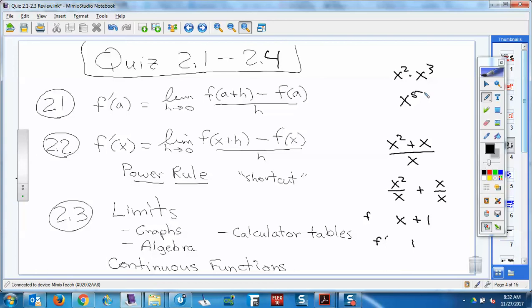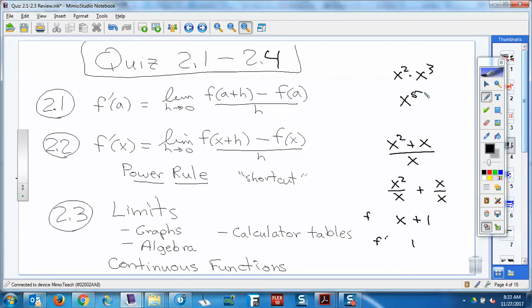What do you say? Does not exist, right? For right now, if you get 6 over 0, it does not exist. You get 0 over 0, you keep going. You factor, you bow tie, you do something, okay? And then you may get an answer. So you never stop with 0 over 0, right? And if you get 6 over 0, it does not exist. But 0 over 0, you keep going.